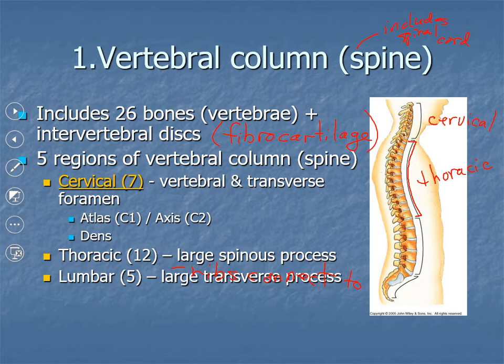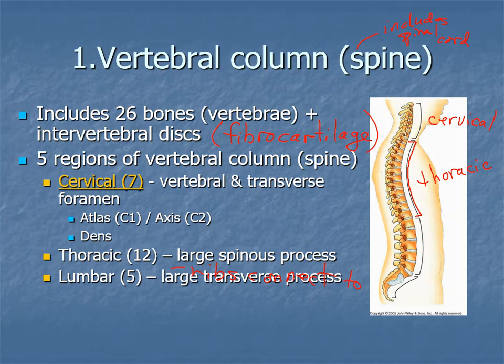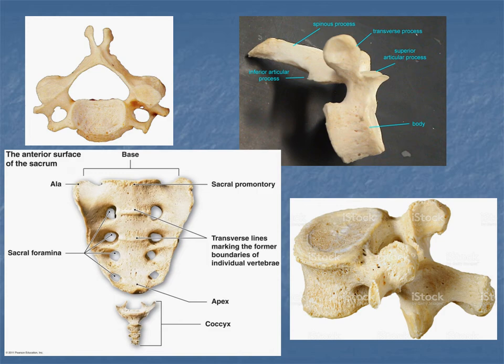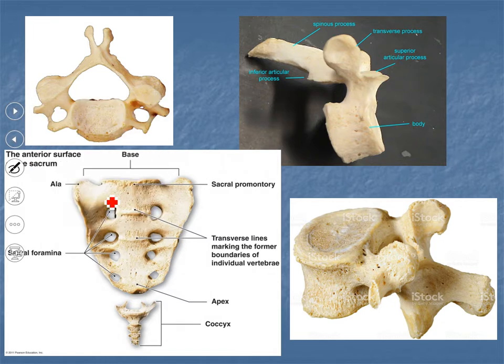Actually, let me see if I've got something here. Nope, that wasn't it. Okay, so I wanted to maybe show you this because I don't have this in a particular order, but I did want to point out a couple things. So first of all, you've got the bifid spinous process.